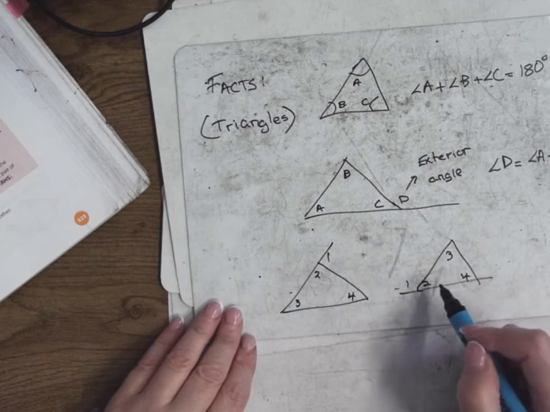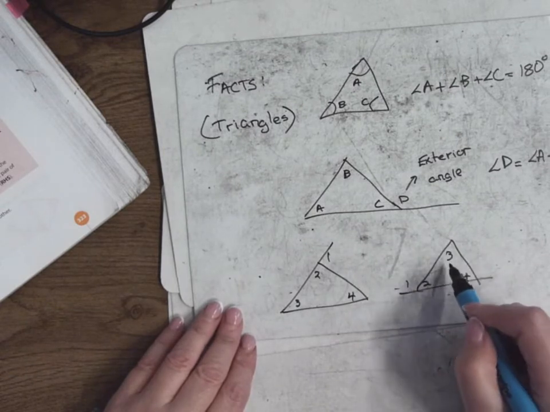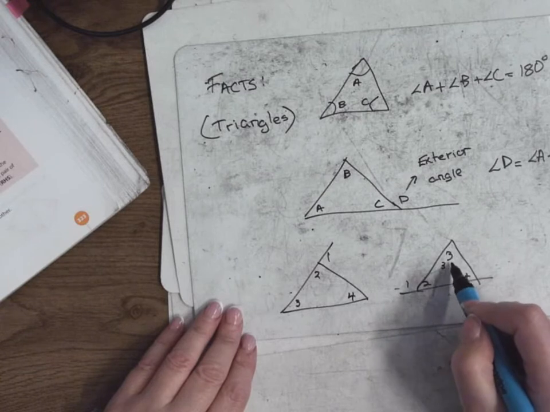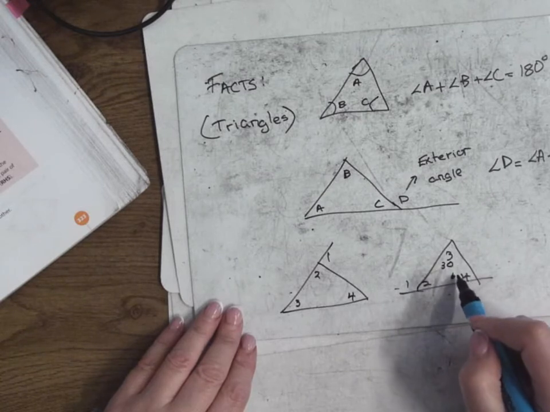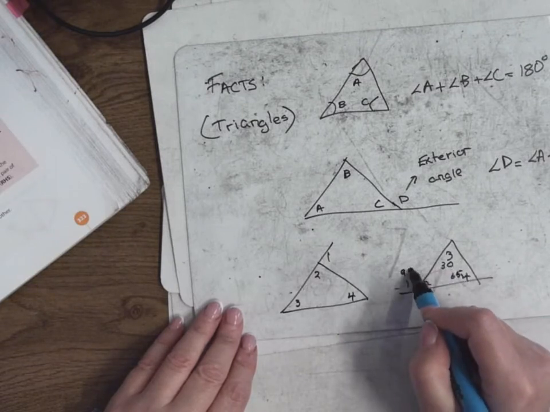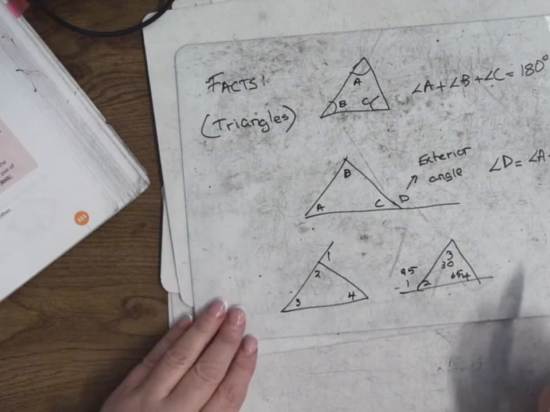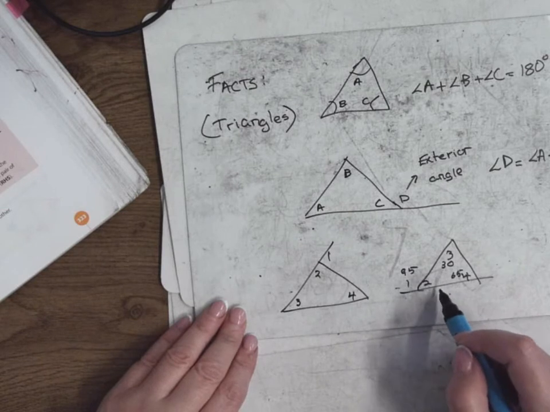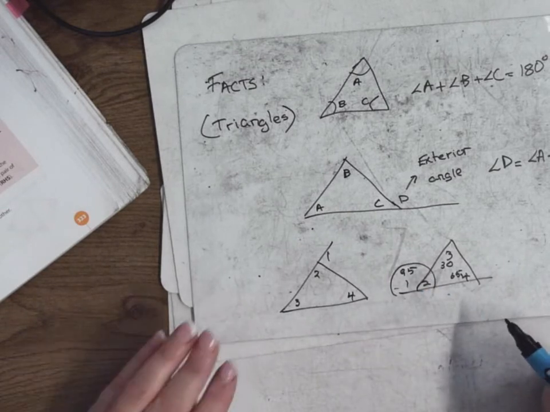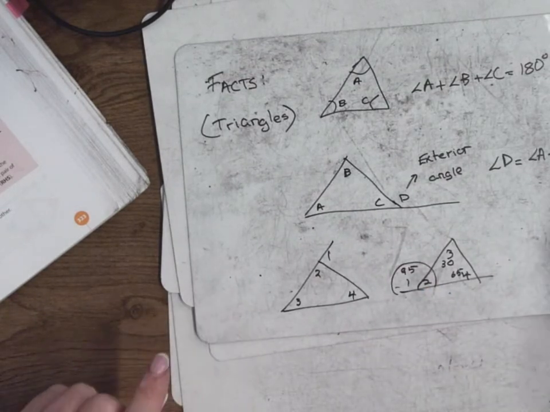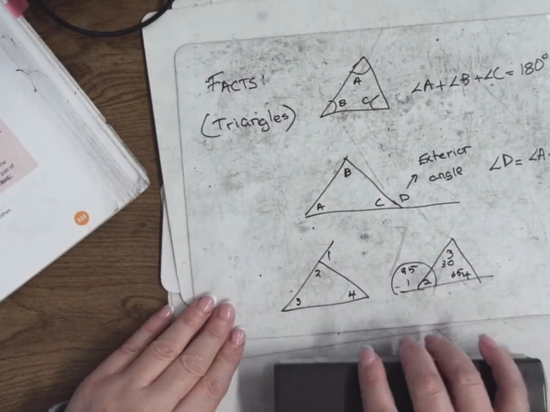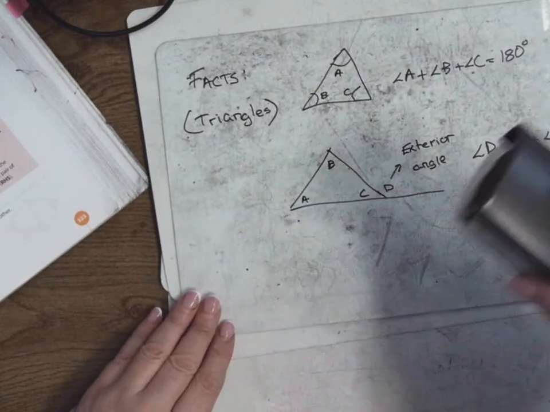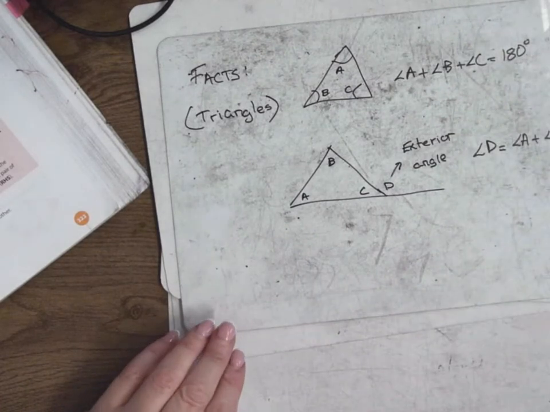For example, if 3 measured 30 and 4 measured 65, that means 1 would be 30 plus 65, which would be 95. Is that right? But you can get away without knowing that fact, because you could get the third angle, because 3 angles add to 180, and then 1 and 2 make a straight line. So you can just go a longer way about getting it, but I always forget about that fact. I use the other ones. Is that right? Okay.